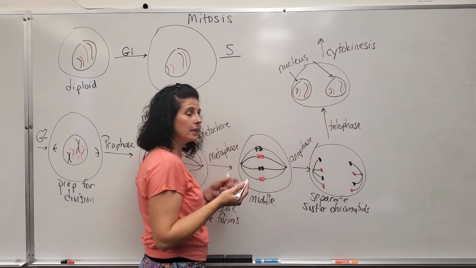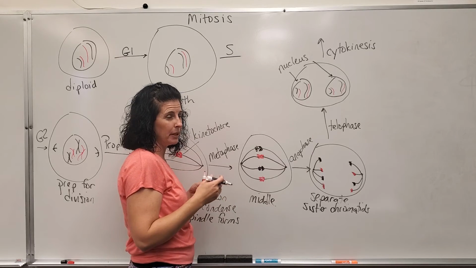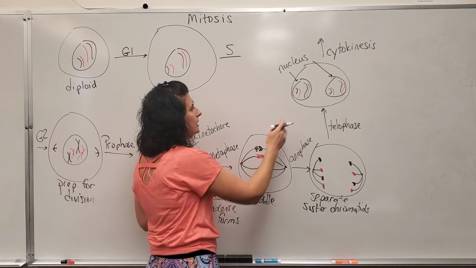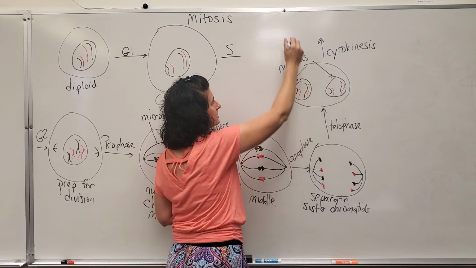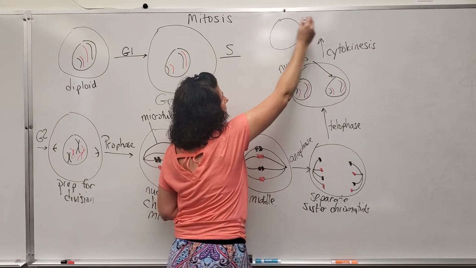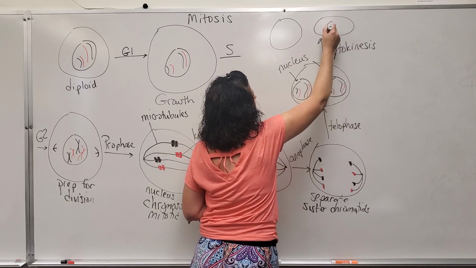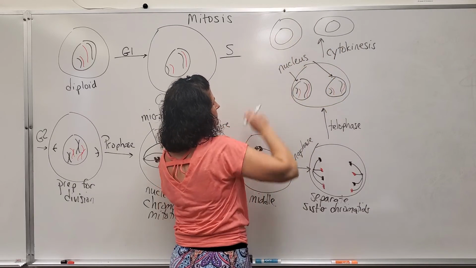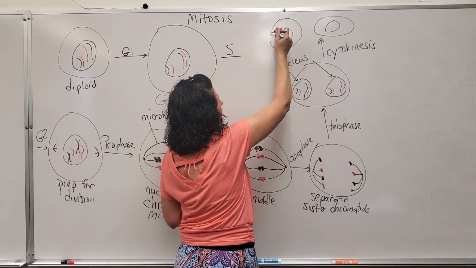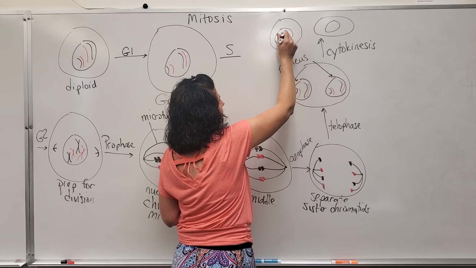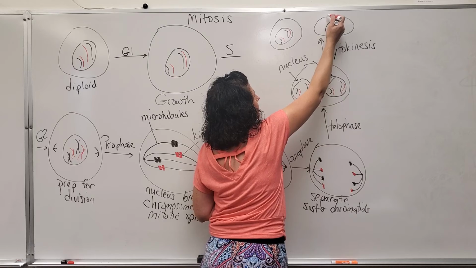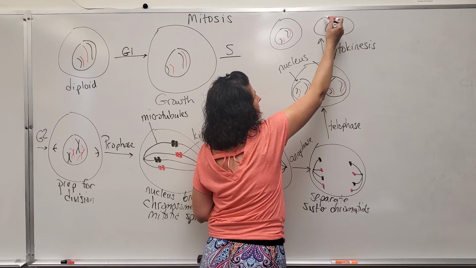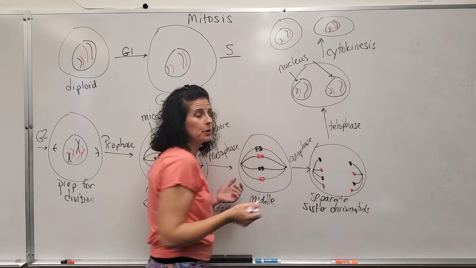And that's going to be a little bit different whether we're talking about a plant or an animal cell. So in an animal cell, we're physically just going to pinch this cell into 2. But again, each one has a chromosome 1 and a chromosome 2, 1 from the egg and 1 from the sperm.